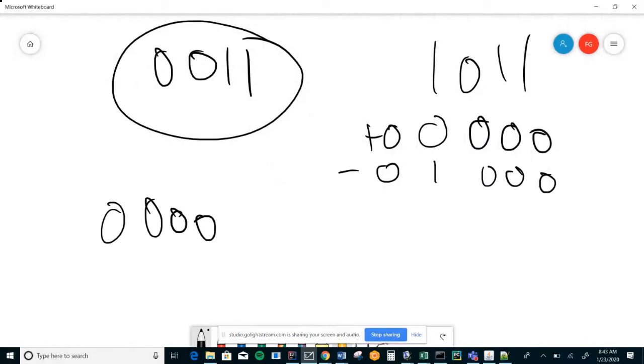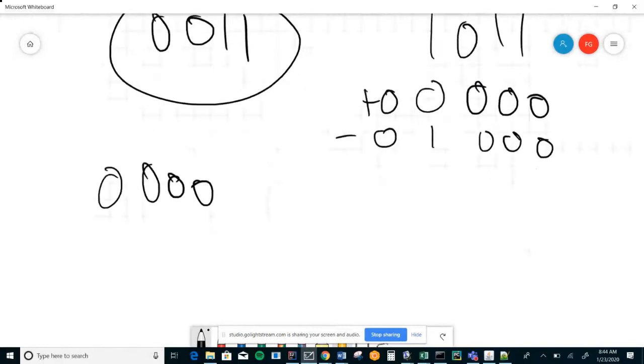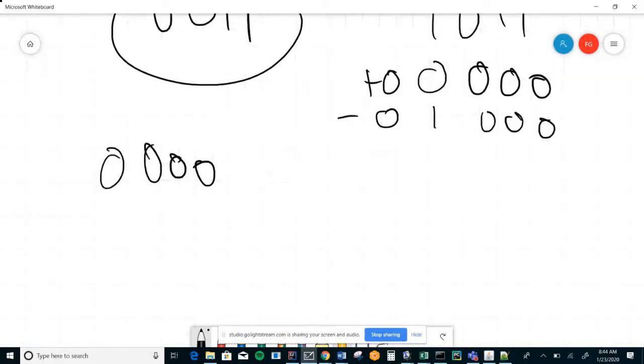If I have 0, I need to have a way of negating it so that I get a 0 out when I negate. So here's the negating scheme that we're going to use. It has 2 steps. The first step is to apply the NOT circuit.